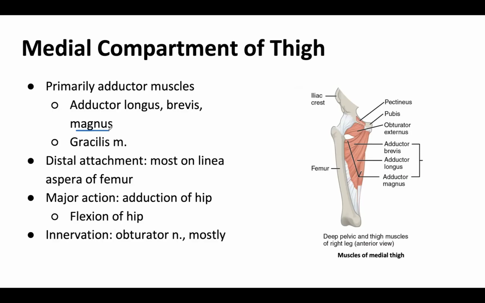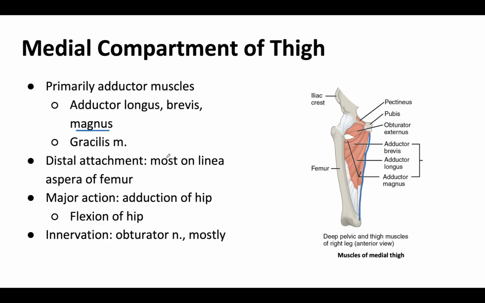There is another muscle in this compartment, which isn't labeled in this illustration, called the gracilis muscle. It will run down like a ribbon the medial side of this compartment, so it's the medial-most muscle in the medial compartment.